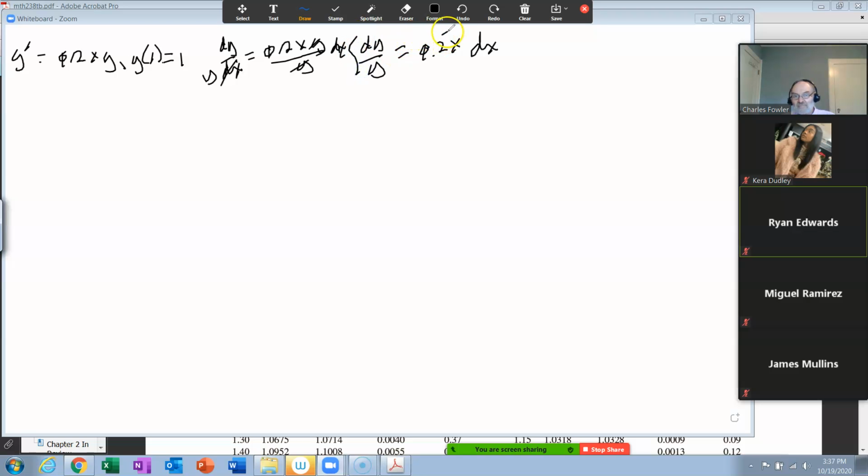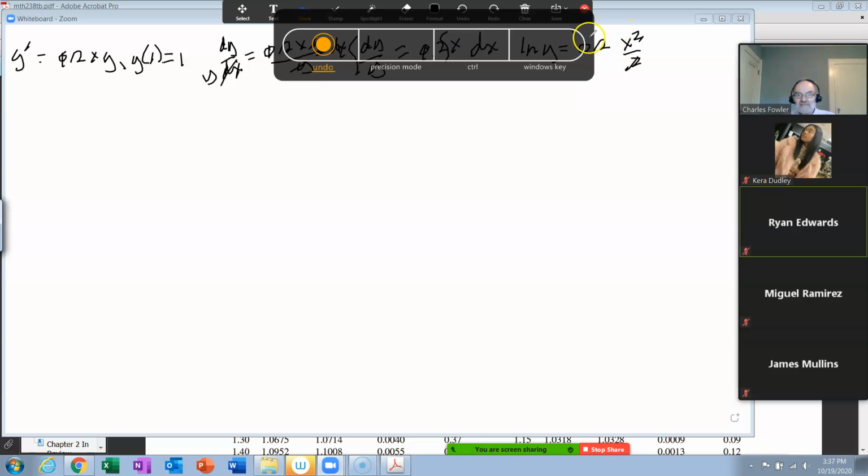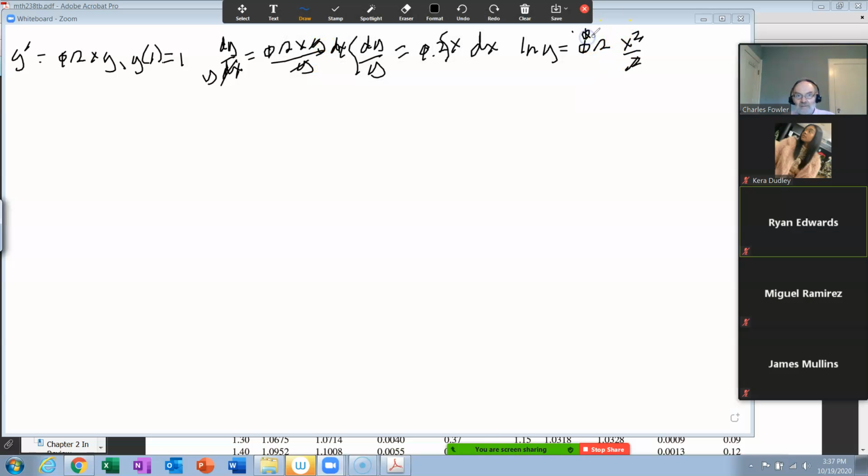Integrate both sides, and this will be log of y is equal to 0.2 times x squared over 2. So this will be 0.1 x squared. And then we'll evaluate that from, well, let's write it.